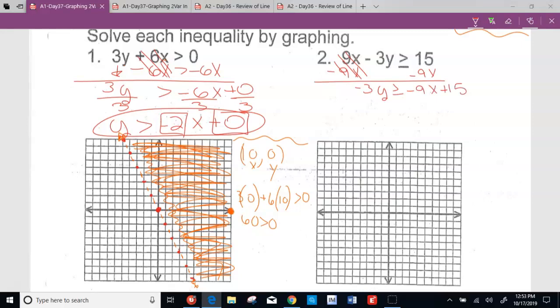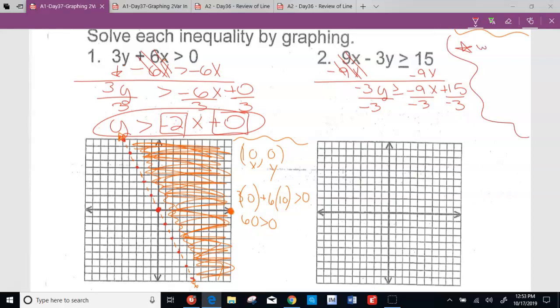Very good. So now we're going to have another big idea. I told you this lesson was full of stuff today. So to get y by itself, what do I have to do? Divide by negative 3. Whenever you end up multiplying or dividing by a negative number with inequalities, your sign's going to flip directions. So we'll make another little note down here, like a little star.